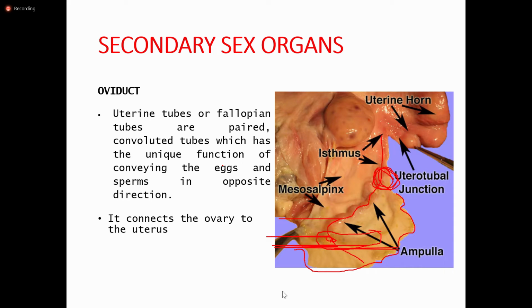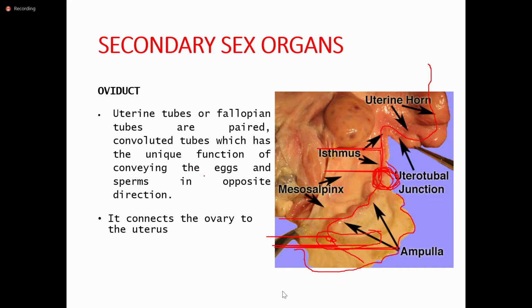para makapag-usad yung egg cell. Similarly, yung sperm cell naman na manggagaling sa site of deposition sa pinakababa, say we have the cervix, and we have the body of the uterus. Manggagaling ang sperm cell dito, pupunta sa uterine horn, and then papasok dito kay isthmus para i-meet si egg dito.